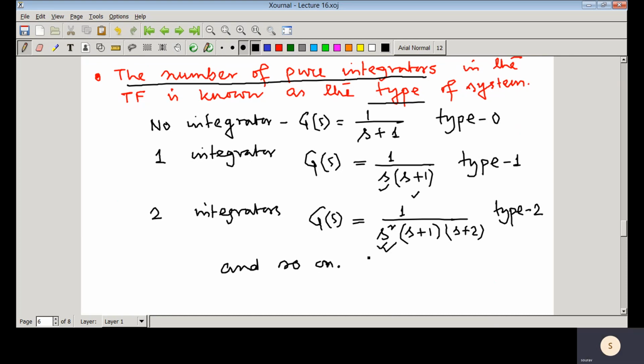So whenever a transfer function is given to you, just by looking at it, how many poles are at origin or how many pure integrators are present, that is actually the type of a system. Whenever it is a type 0 system, there is no integrator, and whenever it is a type 1 system, there is one integrator.